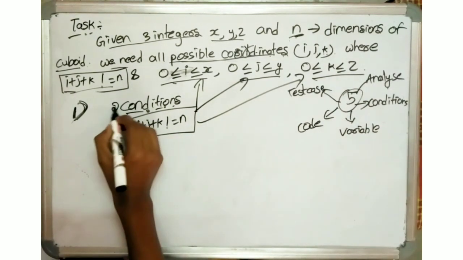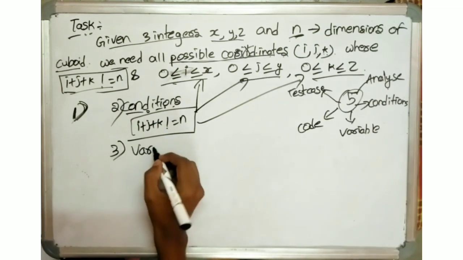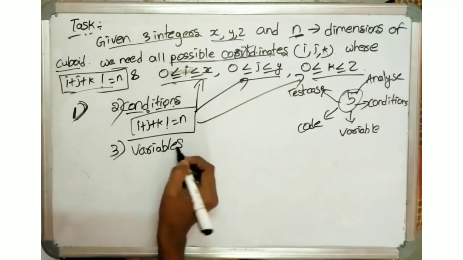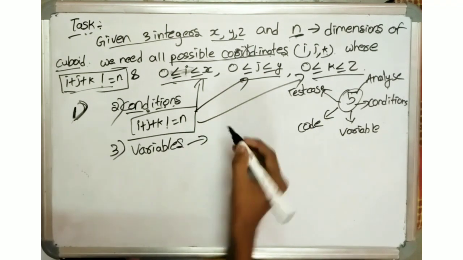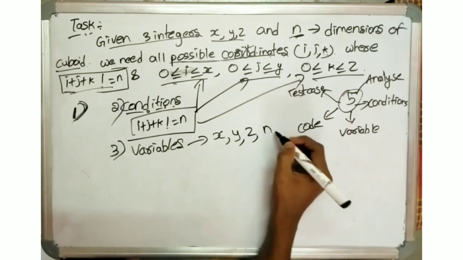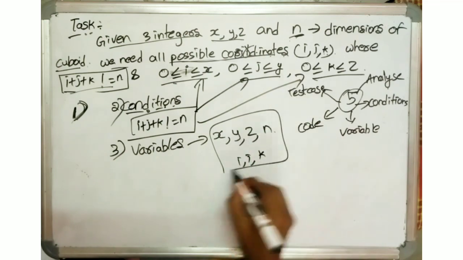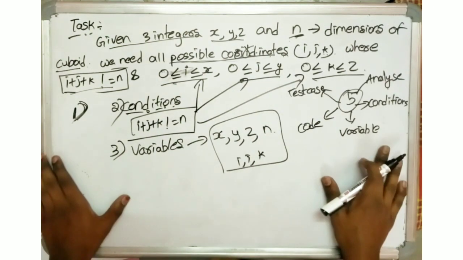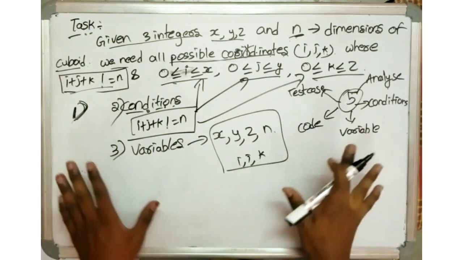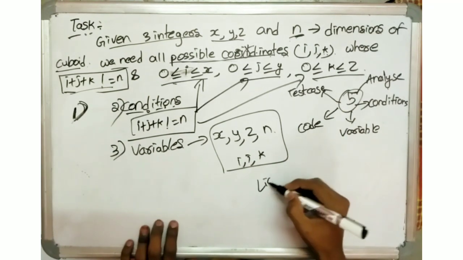Okay, our task is simplified. Third one is variables. What are the variables that we need in this code? We have to read the x value, y value, z value, and n value, and i comma j comma k values. These are all the variables now. With all this information, we are going to write the code with the help of list comprehension.